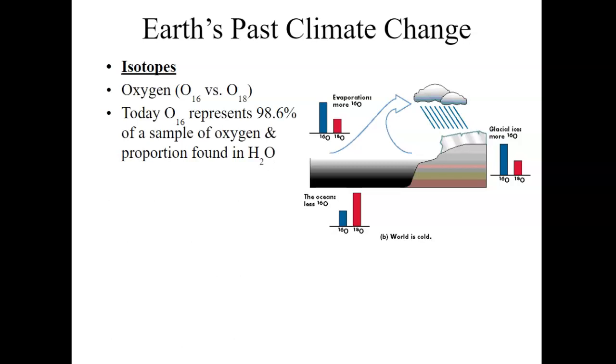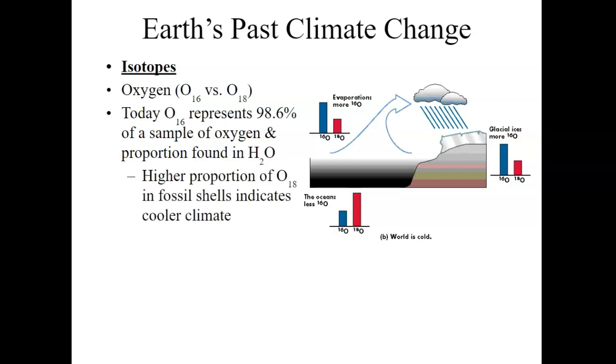So in today's atmosphere, oxygen 16 is 98.6% of a sample of oxygen, and you find the proportion of oxygen in water. A higher proportion of oxygen 18 in fossil shells indicates a cooler climate. So it's not going to get in the atmosphere, it's going to be staying in water.